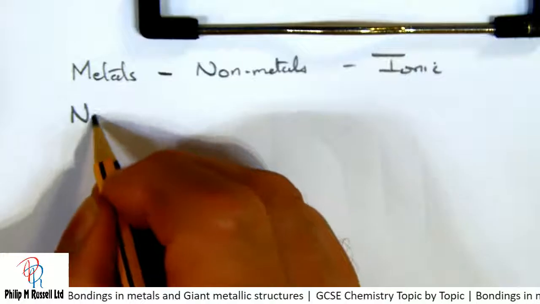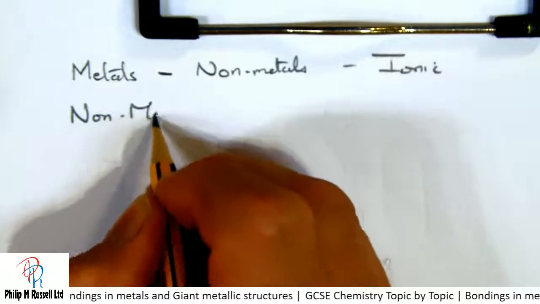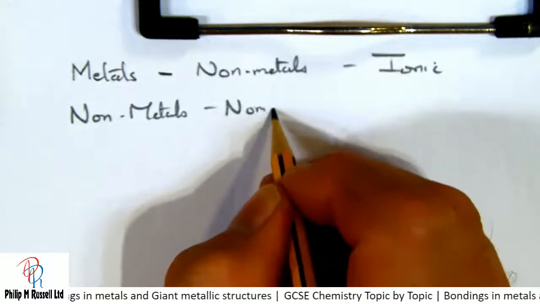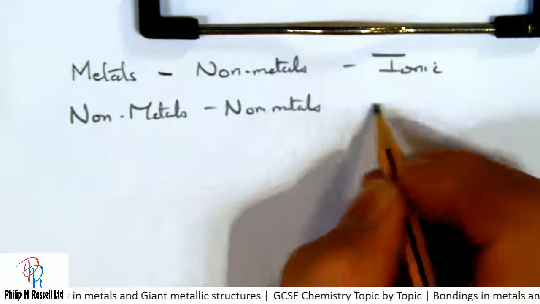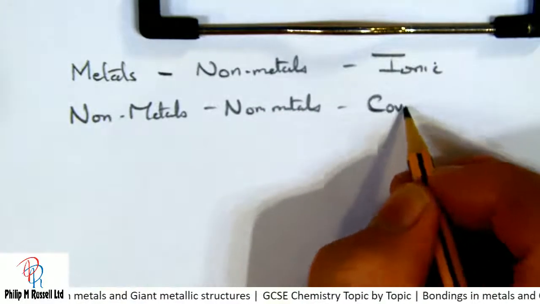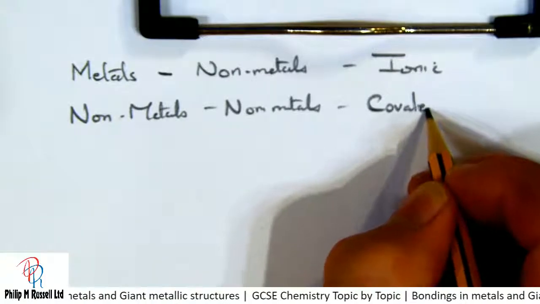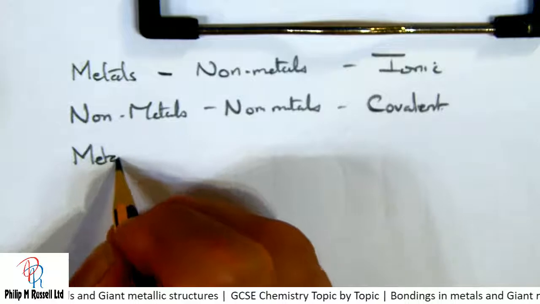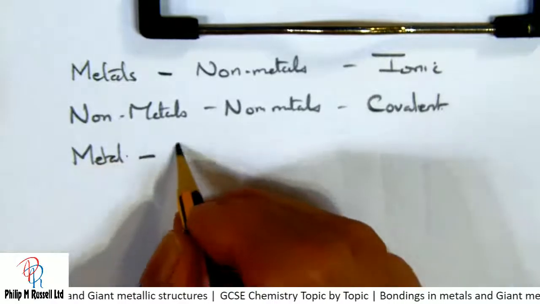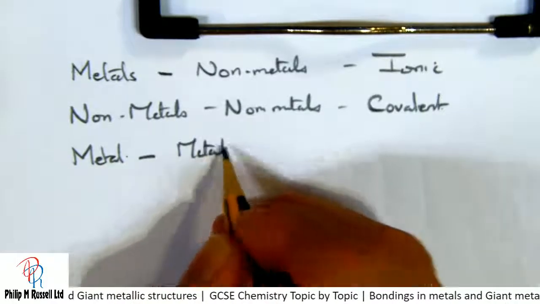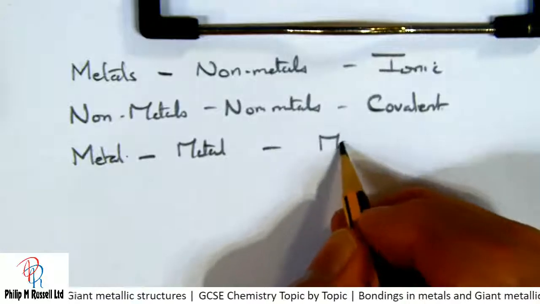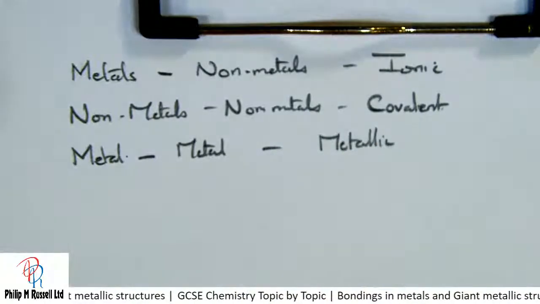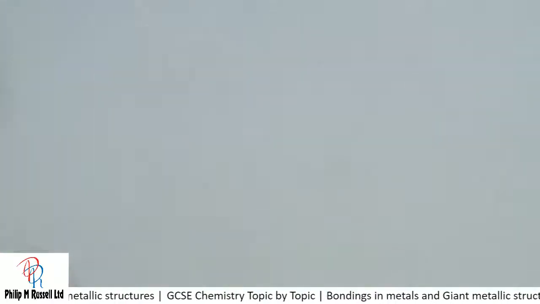We've met non-metals bonding to non-metals. This is covalent bonding, and this is bonding a metal to a metal, and we'll call this metallic bonding. Now, what does it look like?